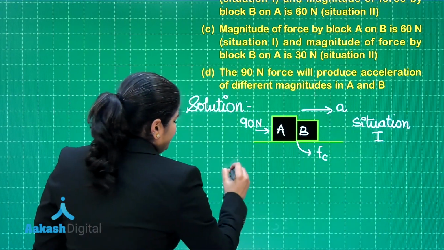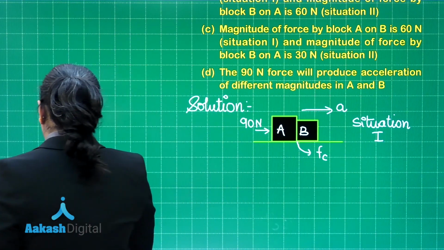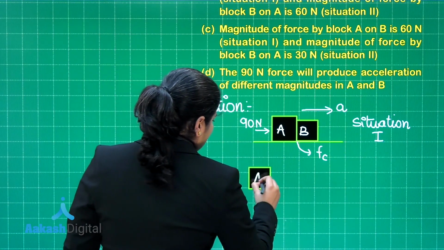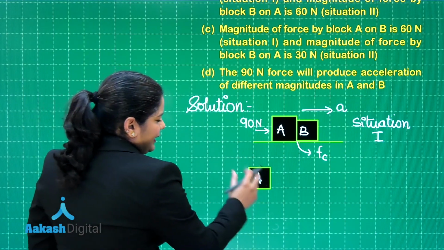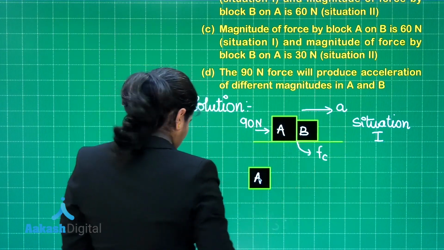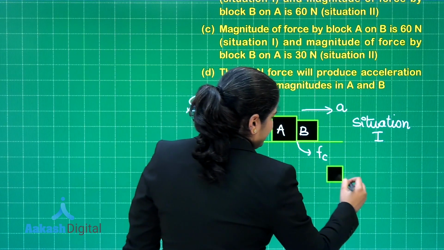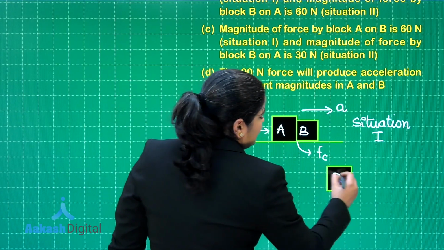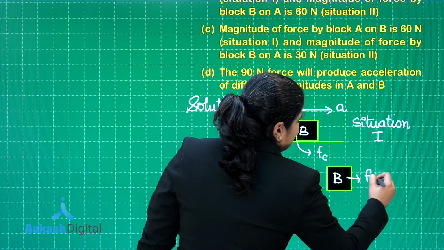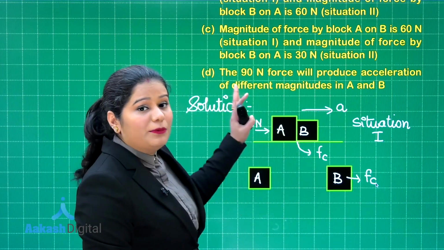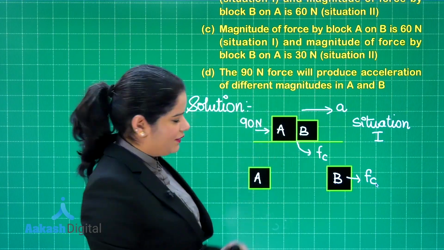Over here you can see this is block A, which will be pushing block B towards right. So I can write the equation for block B as well. This is block B. The force of contact acts on block B towards right, because of which both the blocks are moving towards right.